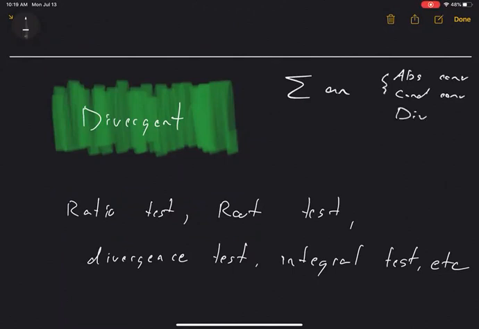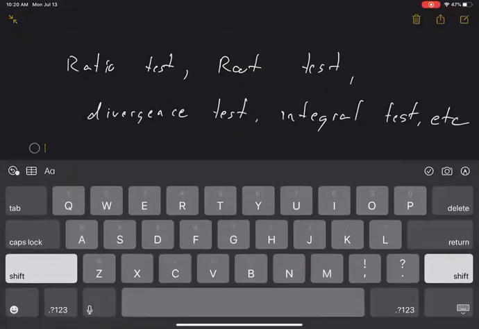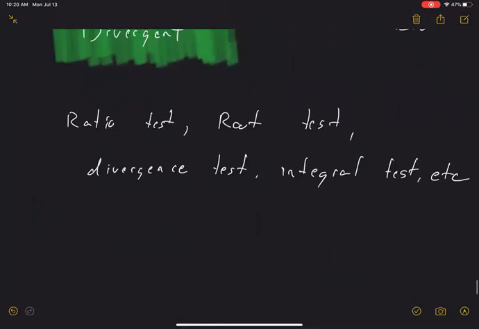What about divergent? Well, when we covered absolute convergence, like the ratio test and root test, that could show divergence, right? If the limit was greater than 1 for ratio test or root test, the series is divergent. So we can show divergence using ratio test and root test, possibly. And we can also use all our old material like divergence test and integral test and so on.